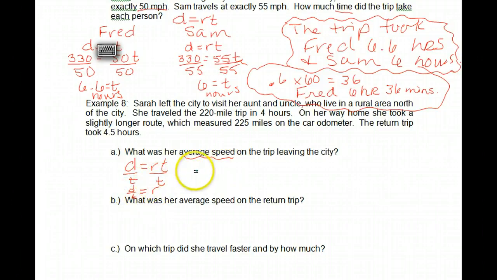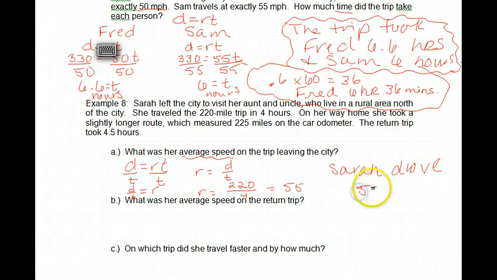The reason that you would want to do that is because now your r is isolated, and you would be able to see that you can simply take your distance of 220 and divide it by the time that it took her to drive that, which was 4 hours, and then your answer would be 55. So Sarah drove 55 miles per hour.